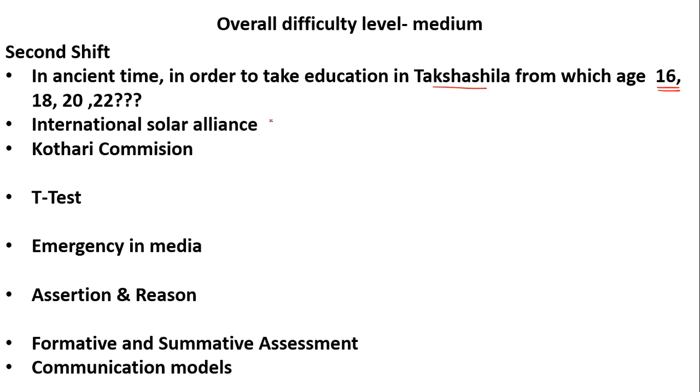One question was asked on International Solar Alliance. Okay, and Kothari Commission से एक question आया था. Kothari Commission very important. Okay, all these are time and again they are asking this question from Kothari Commission. Very important. From research aptitude, one question was from T-test, and from communication, there was like emergency in media.